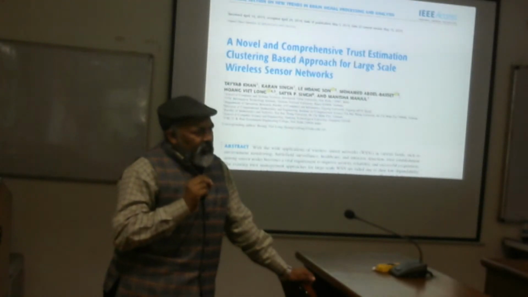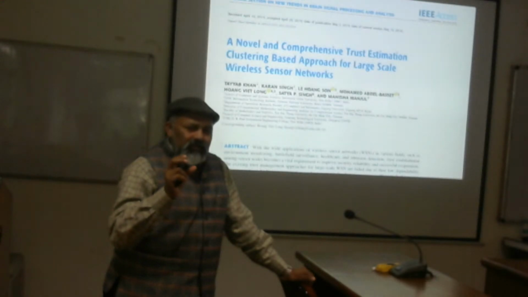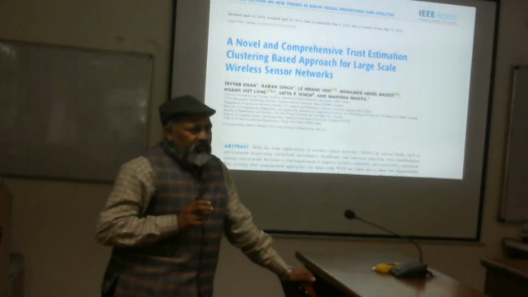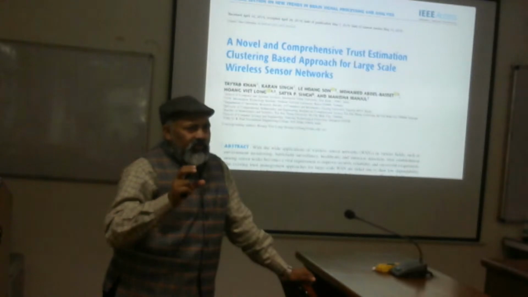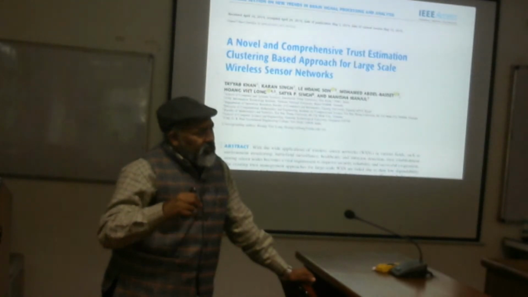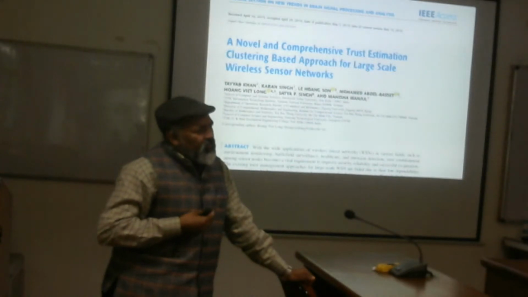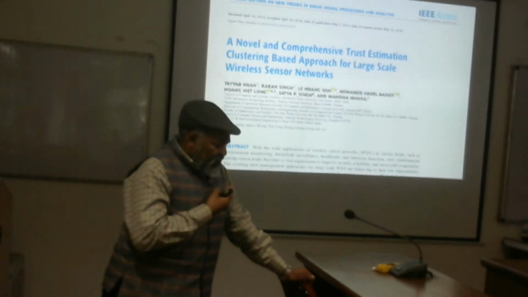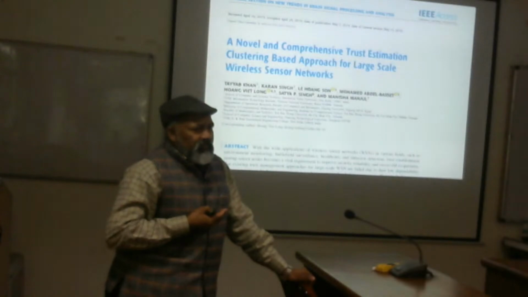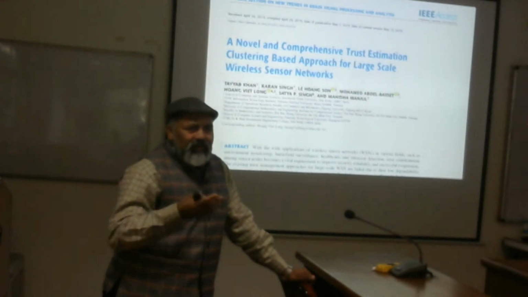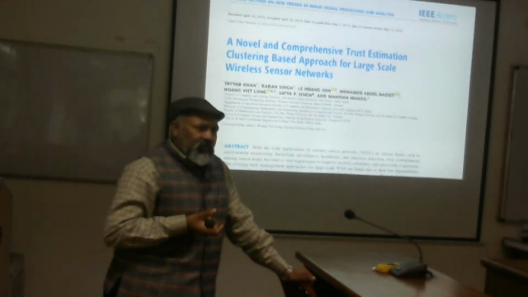Suppose it is low, so it is an average journal. Suppose it is medium, so it is a good journal. Suppose it is very high, it is a very excellent journal. So in computer science, electronics, electrical, it is IEEE.